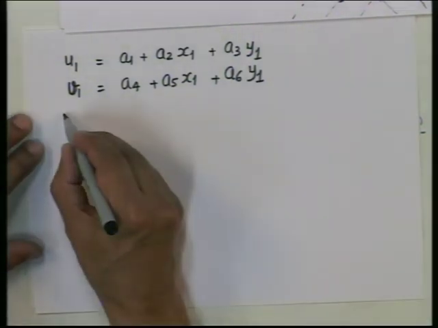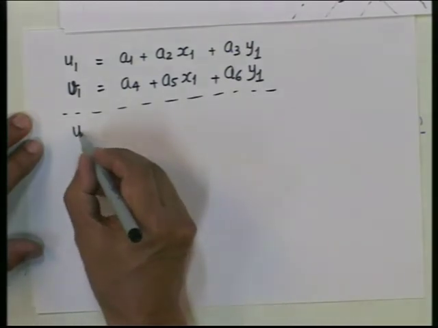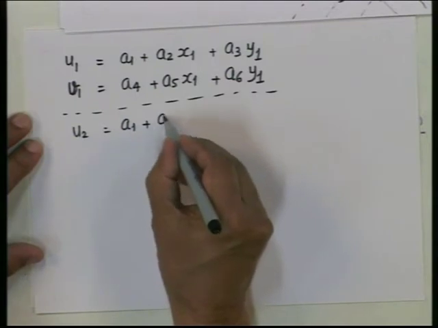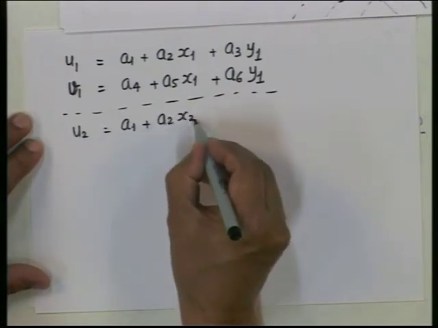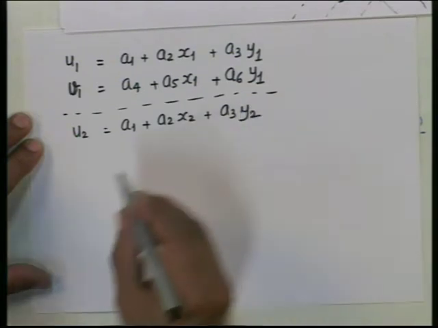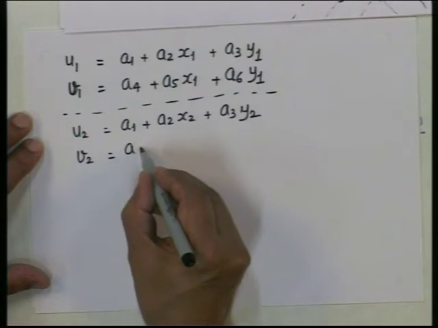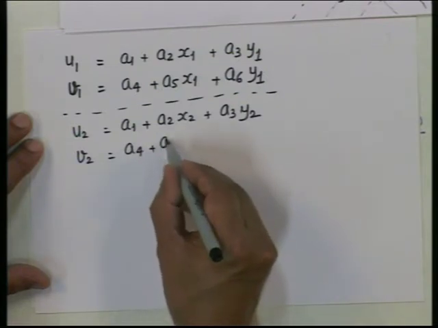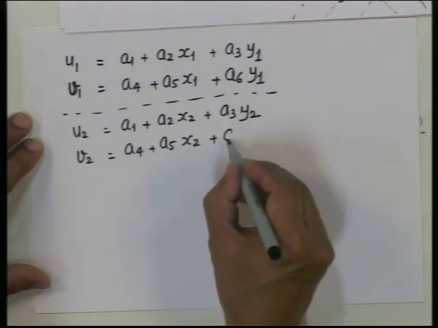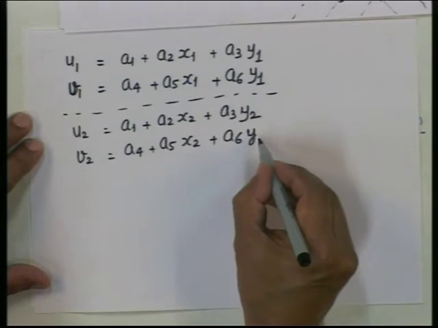Similarly, for node 2, U2 will be equal to a1 plus a2 x2 plus a3 y2, and V2 will be equal to a4 plus a5 x2 plus a6 y2.